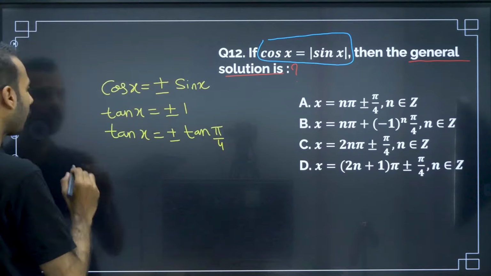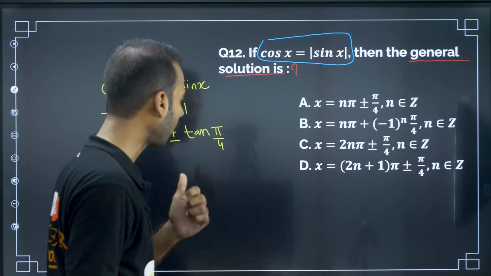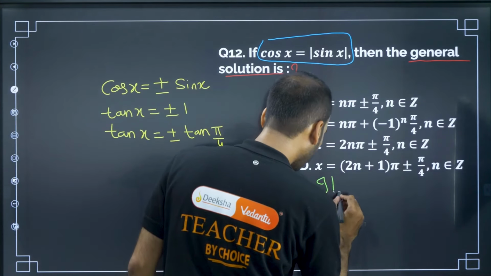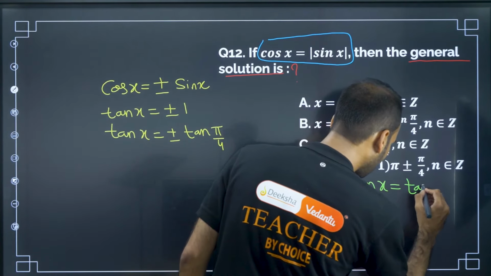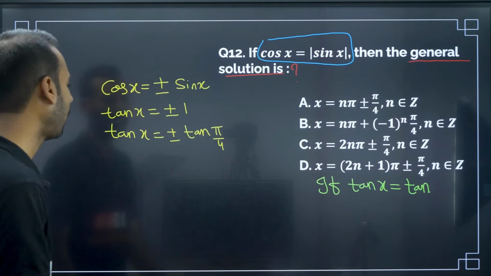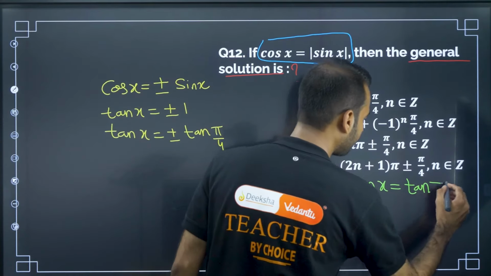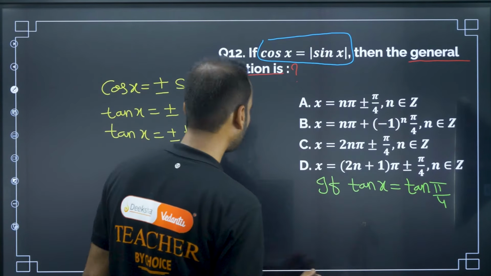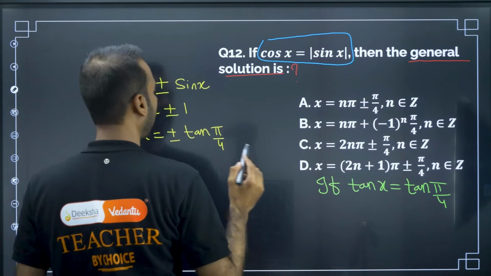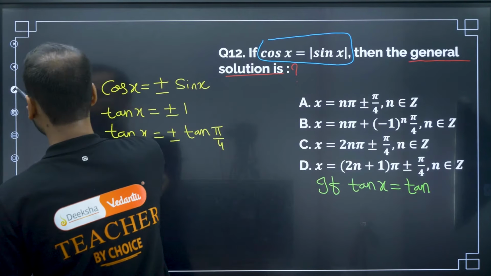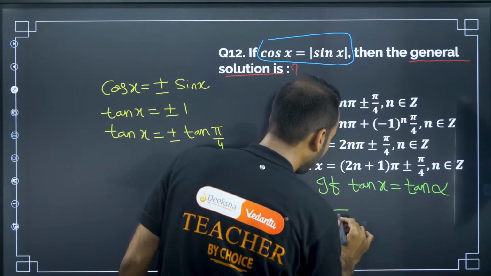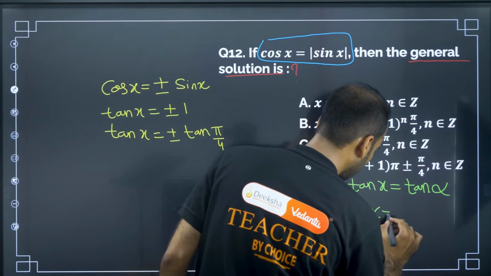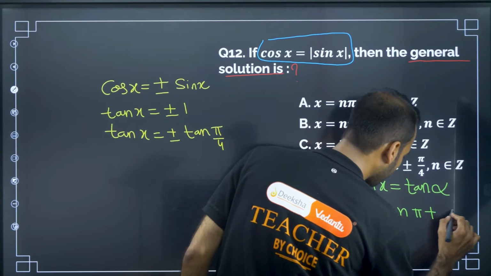Now one synopsis point you should be able to recall at this point: if tan x is equal to tan alpha, then x is equal to n pi plus alpha.